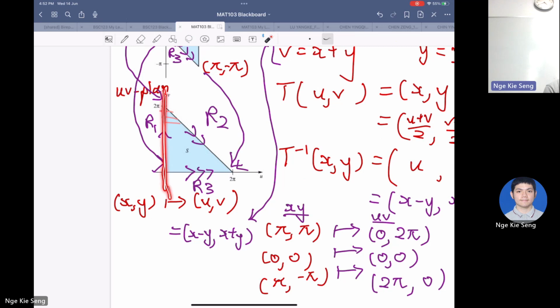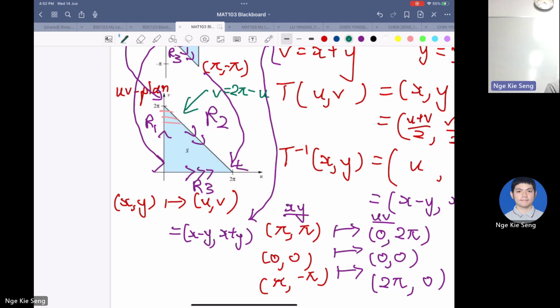It is bounded below by u equals 0 and bounded above by this line. What's this line? How to describe this line? v equals 2 pi minus u.